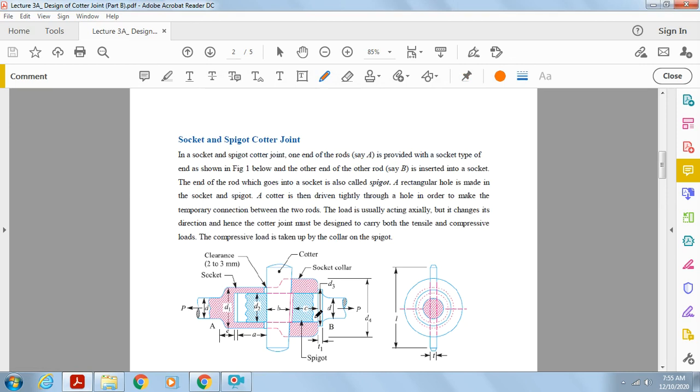The load must be acting axially, but it can change direction. Hence the Cotter joint must be designed to carry both the tensile and the compressive load. The compressive load is mostly taken care of by the collar of the spigot. This is the collar of the spigot part.